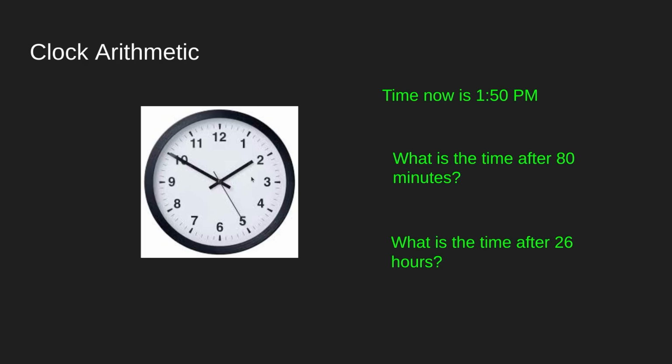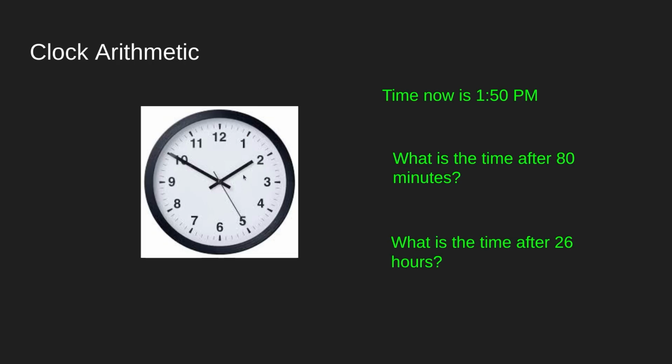Then you can ask what would be the time after 26 hours. The hour hand has to complete 12 steps, another 12 steps, two 12 steps, but after every 12 steps, for the hour hand, one step is this one big step, and the next big step.